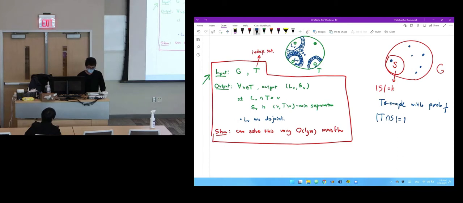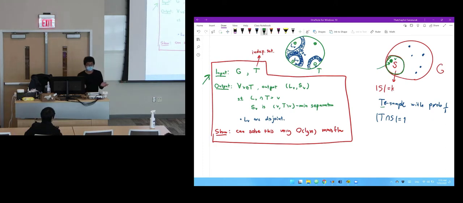But once we have this, we are done, right? Why? By calling the isolating cut using this terminal set T, the isolating cut for this node v must be a min cut of the whole graph, because this min cut is an isolating cut, and we find a minimum isolating cut for v.